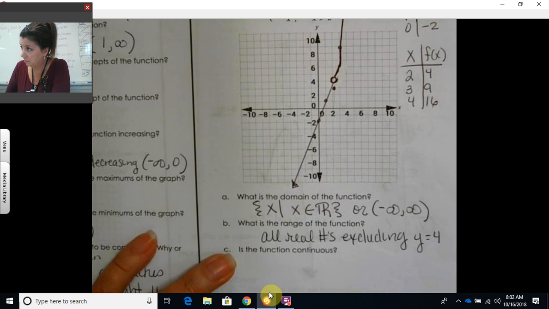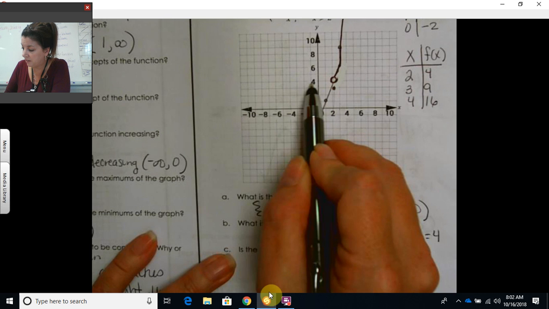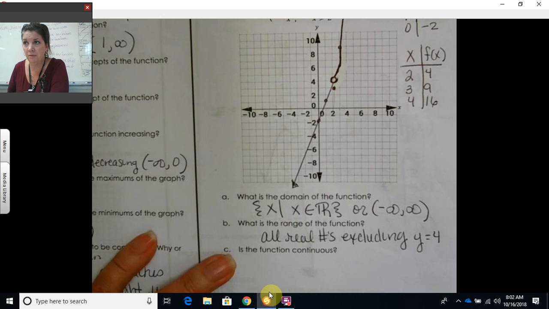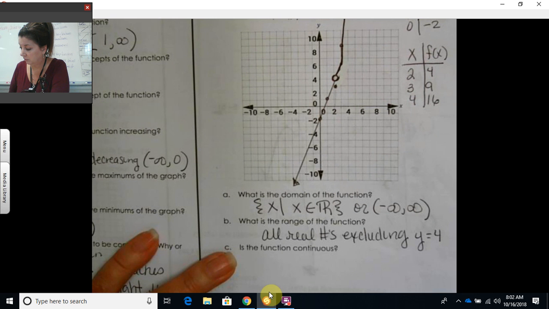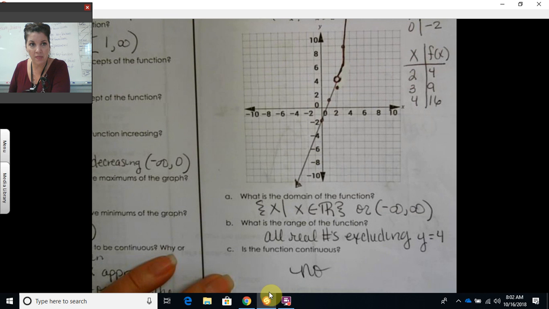Yep. Because this ordered pair right here, there's no y value on this graph. No point on the graph that has a y value of 4. Okay? Because that's open. Is the function continuous? Not so much. Big no on that one.